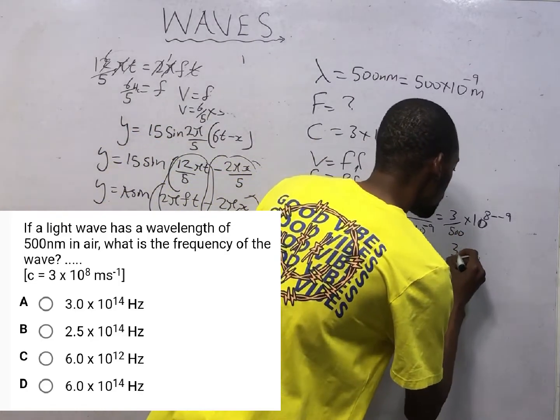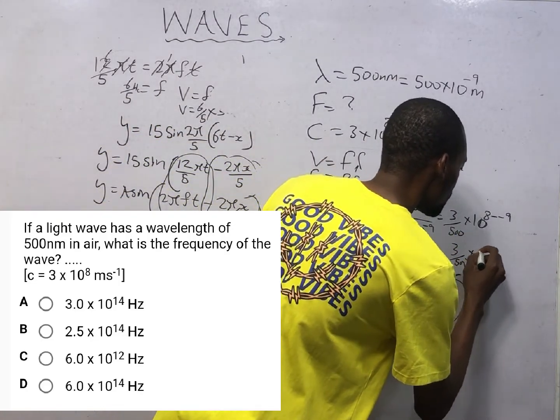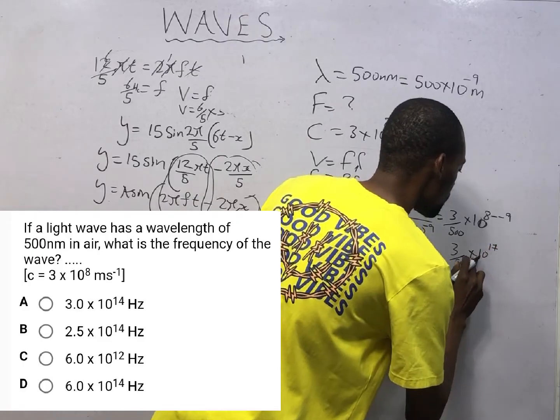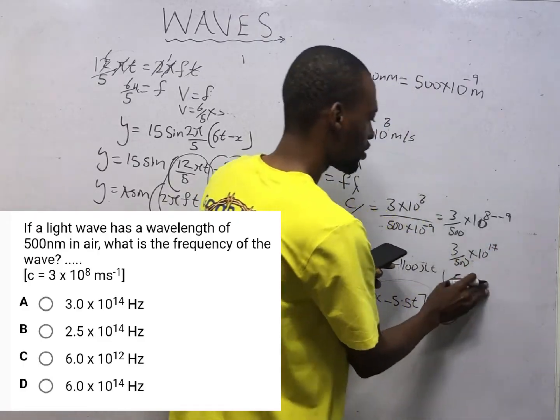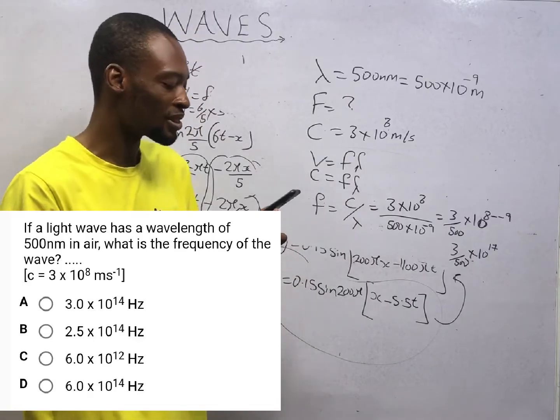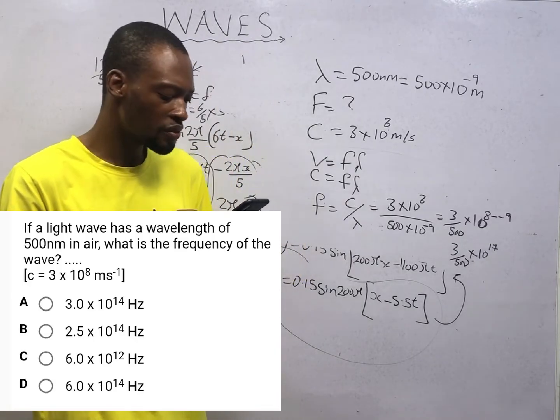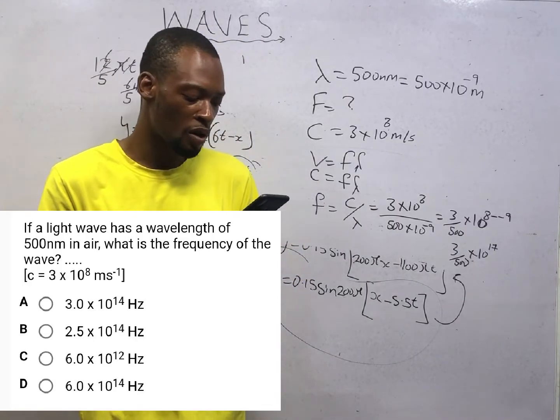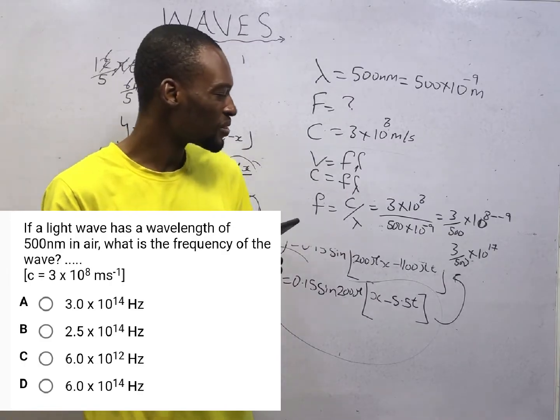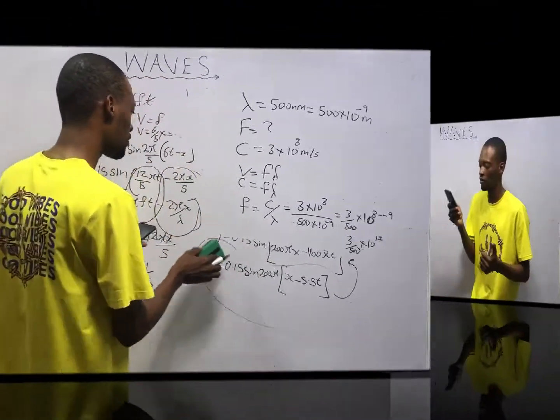Yes. So this is 3 over 500 times 10 raised to the power of 17. So 3 over 500 times 10 raised to the power of 17 should give you 6 times 10 raised to the power of 14. So making option D the correct option.